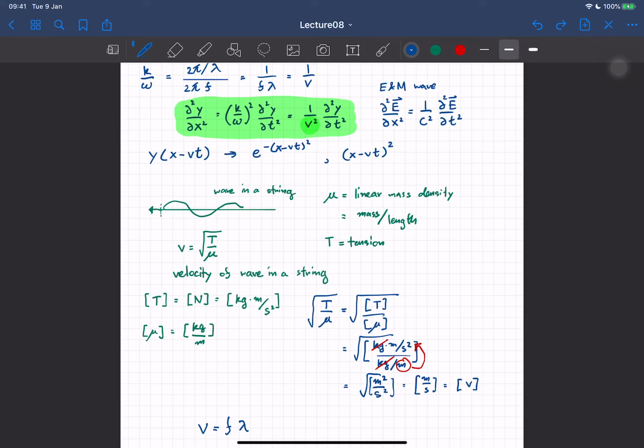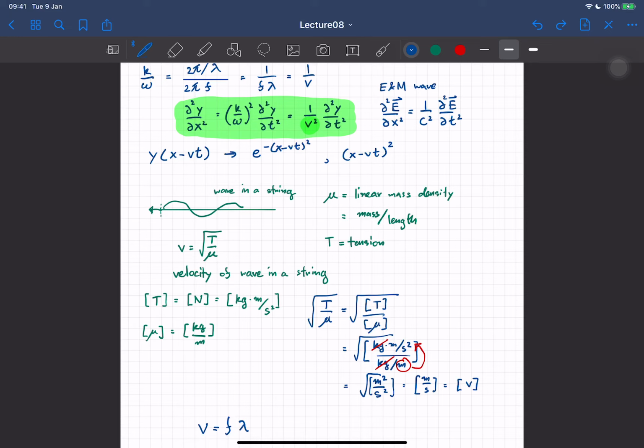In order to show that, I'm going to go to the next animation, which is strictly speaking not really what we are talking about right now, because this is what we call a standing wave. This is not a traveling wave. A standing wave is a wave that is not going left or right. The name suggests it's just standing there. It's the result of having two waves interfere with each other.